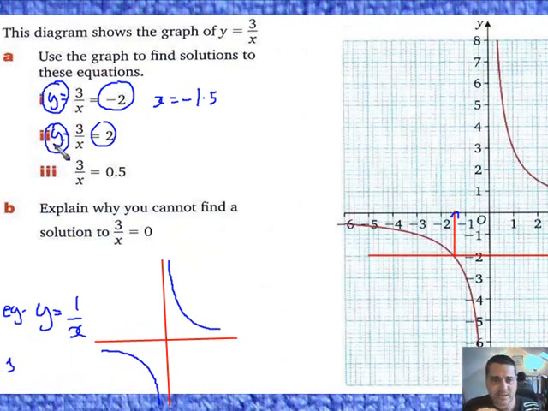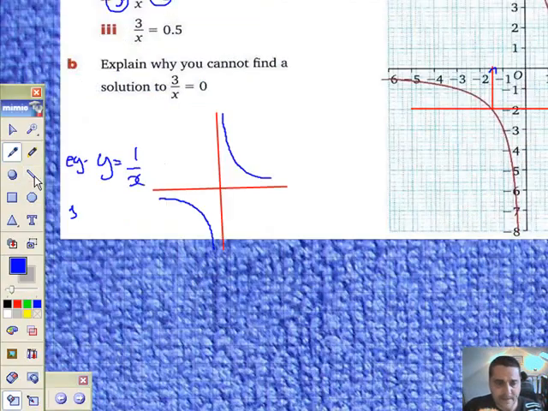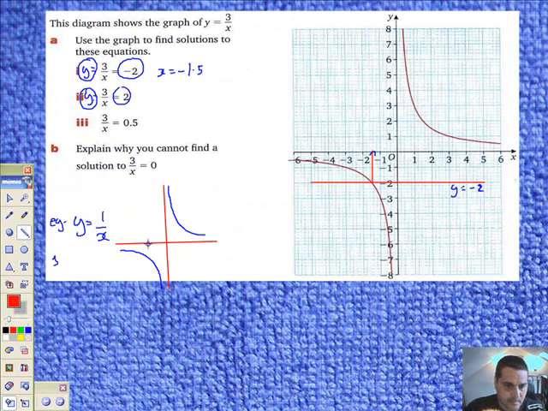And next one, y equals 2, I need to plot in. So here we go, we'll do that now in red, if it lets me. Right, y equals 2. Bam, one solution again, as you can see.